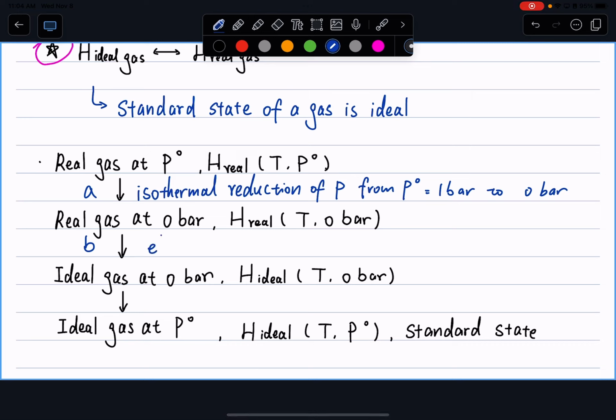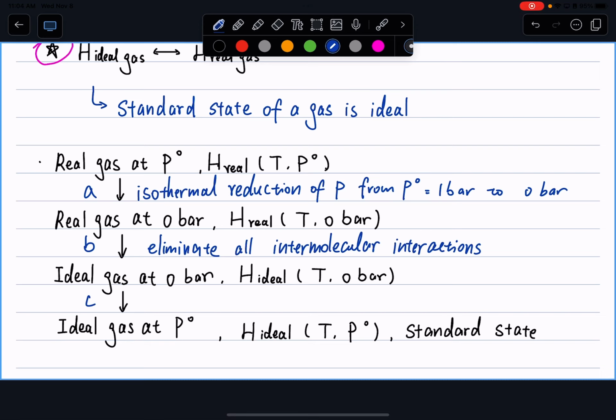So we'll eliminate all intermolecular interactions. And then what we have after our step B are ideal gases at 0 bar and the same temperature T.